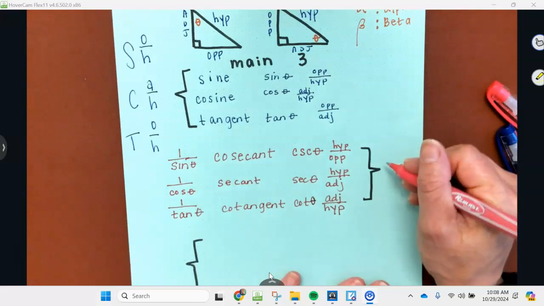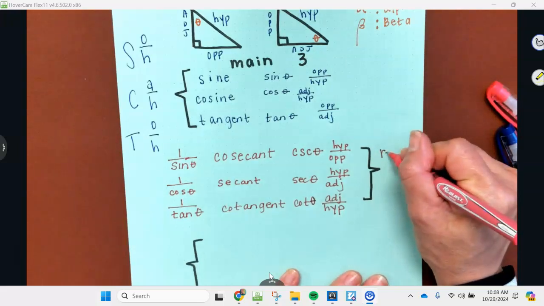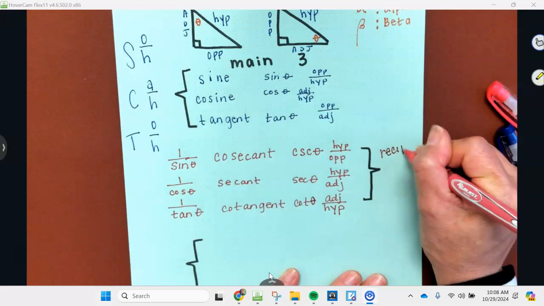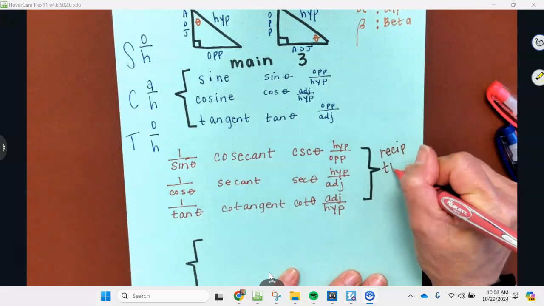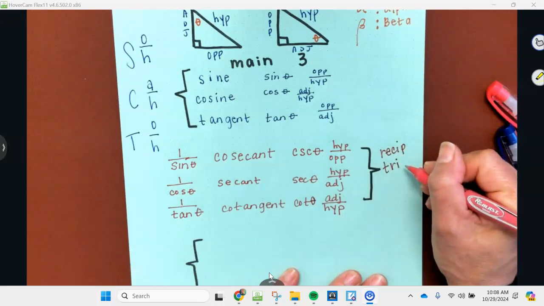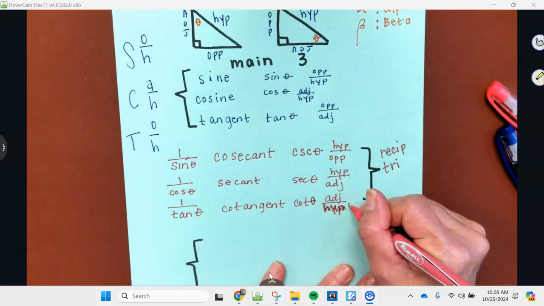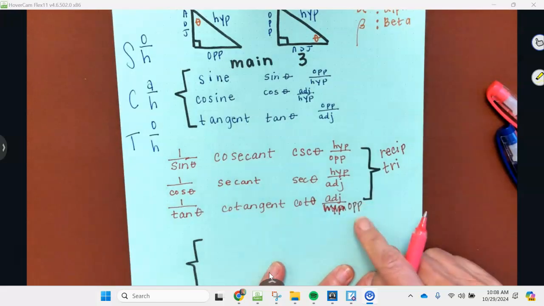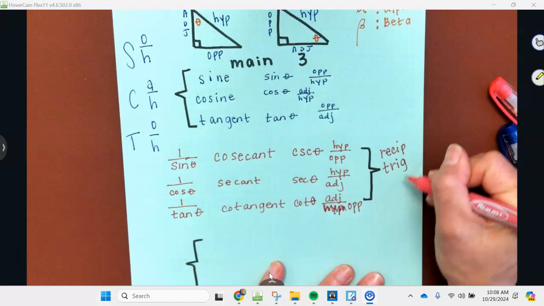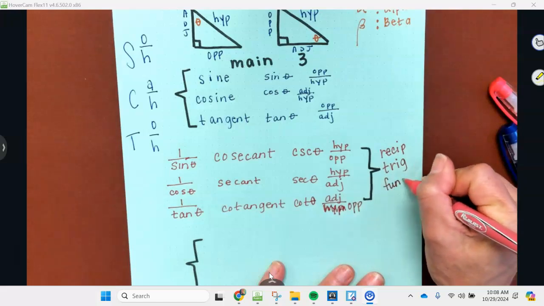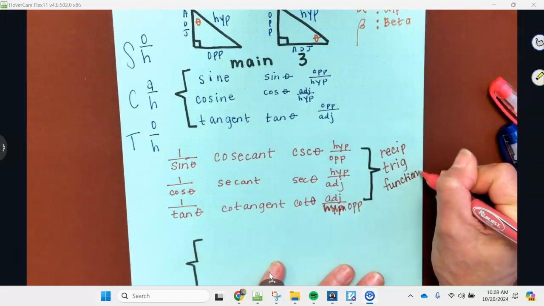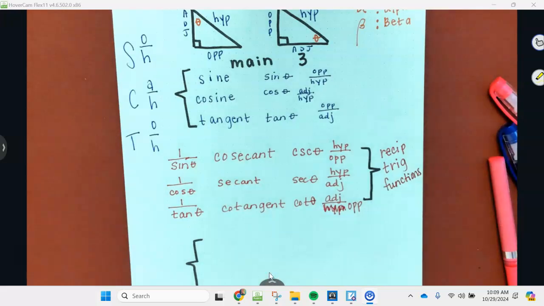And these are called your reciprocal trig functions. Is it not adjacent over opposite? Oh, thank you so much. It is adjacent over opposite. Yes, it is. Thank you so much. Yeah, guys, I'm sorry. Make sure you have opposite in the denominator for that.